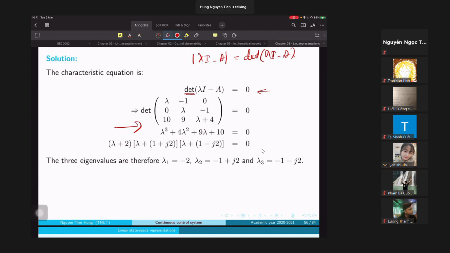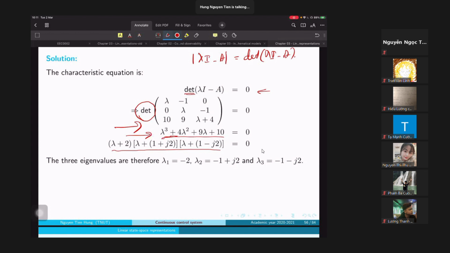So we have to determine the determinant of this, and we find this. This is an example: we have to find the determinant of the 3 by 3 matrix. So we got this one, and then we can rewrite this one in this form. In other words, this is how we have the third order polynomial of lambdas.